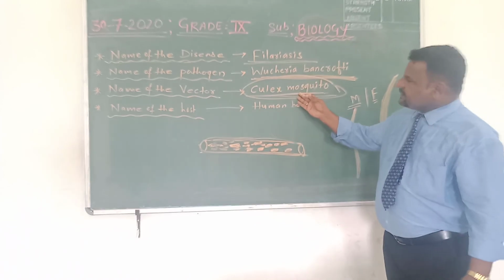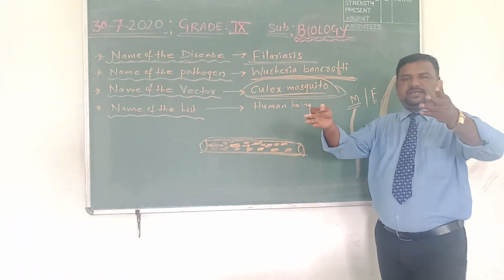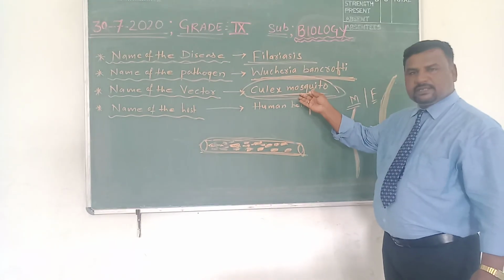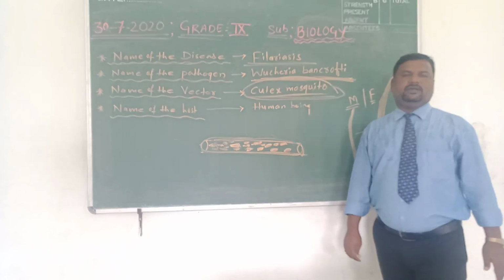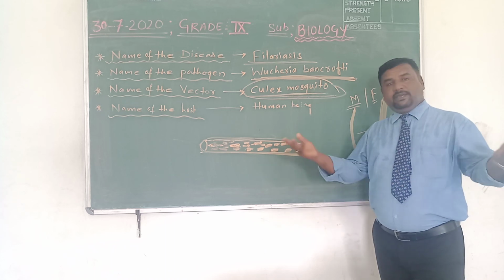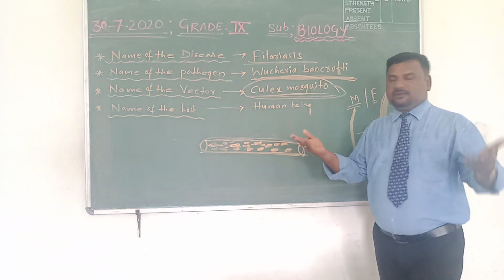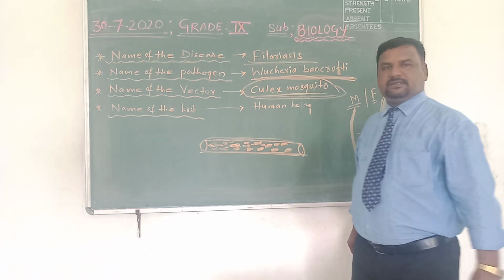When they breed in our nearby surroundings, there are much higher chances of being bitten by Culex mosquito, and during their bite they release Wuchereria bancrofti into our body, and there will be a higher risk of getting this disease, Filariasis.